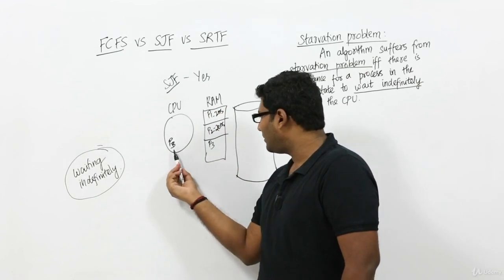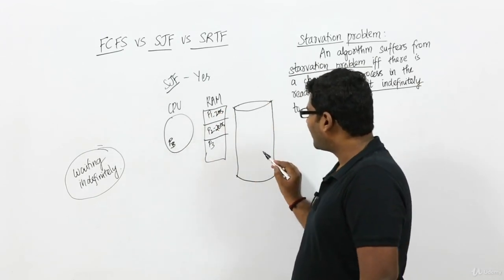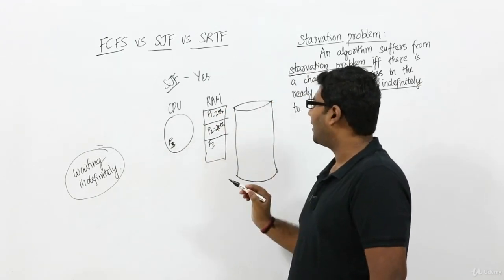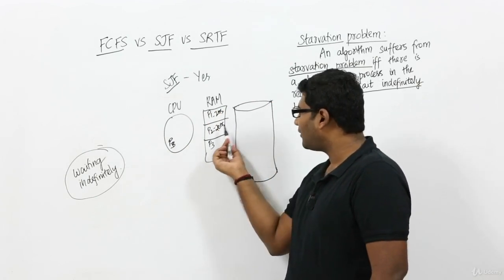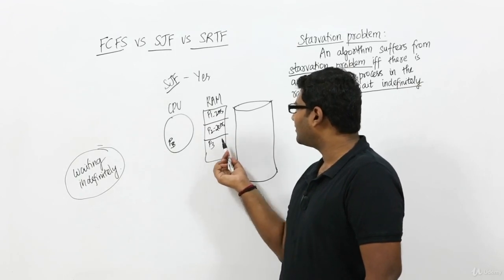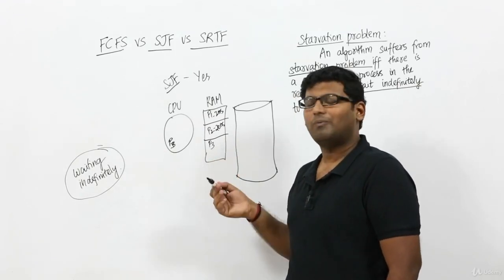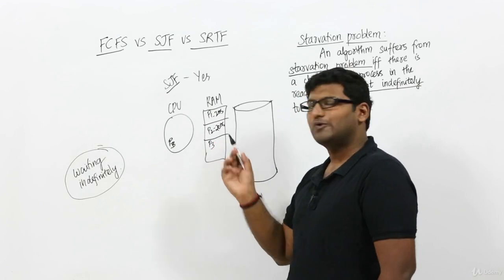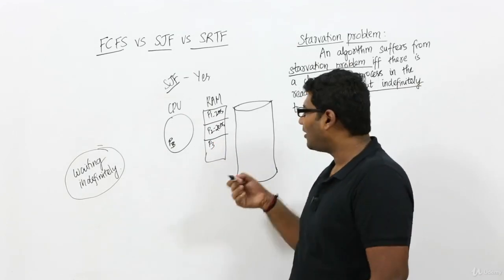Now before P3 completes, some more process, say P4, can come into the RAM whose execution time is less than 20 nanoseconds. In that case, the new process's priority will be greater than that of P2, so the new process will be scheduled, making P2 wait. And this can keep on happening, right?